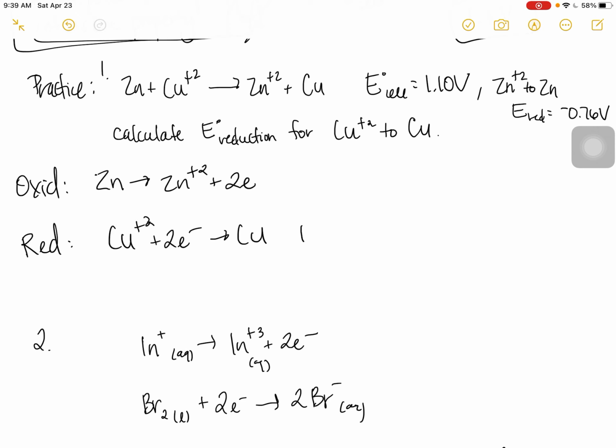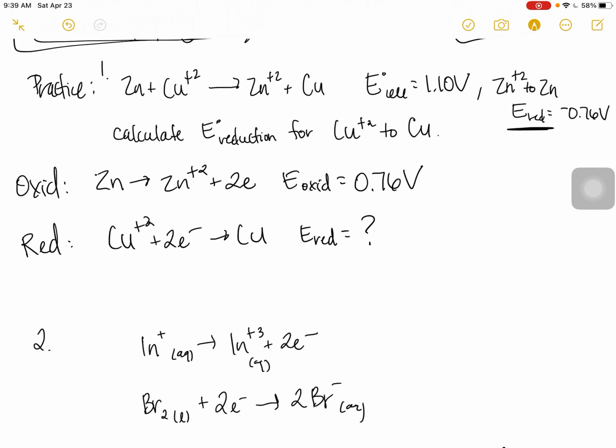Okay, so they're telling us to calculate the reduction potential for this. Okay, we're pretending like we don't know it. Well, if we don't have the chart, then we don't know it. And they tell us that the reduction potential for zinc plus 2 going to zinc is negative 0.76. So then for this reaction, which is the oxidation, would be positive.